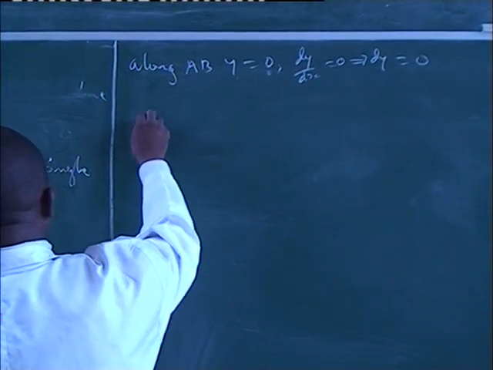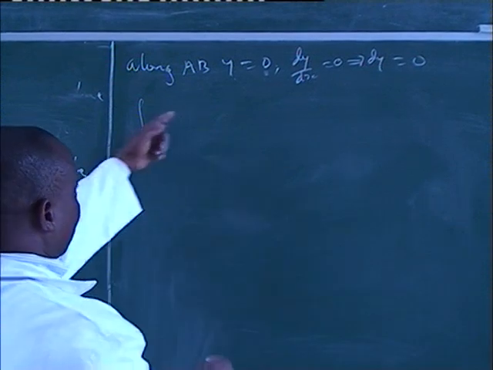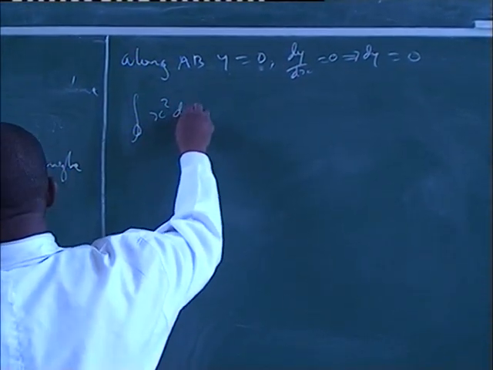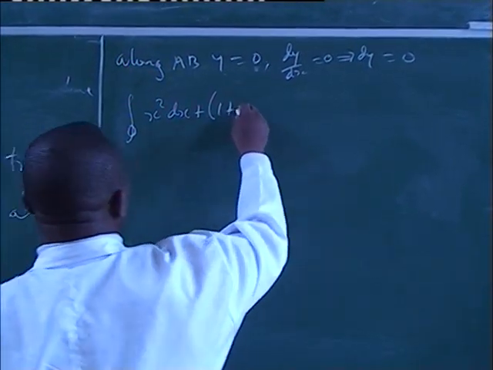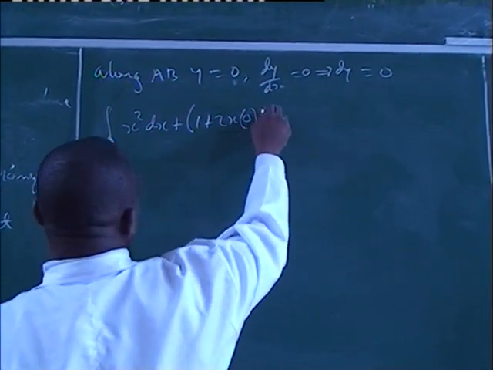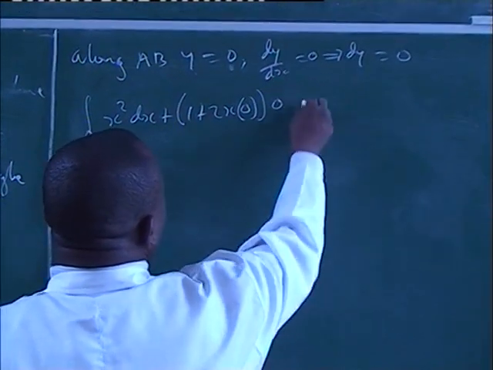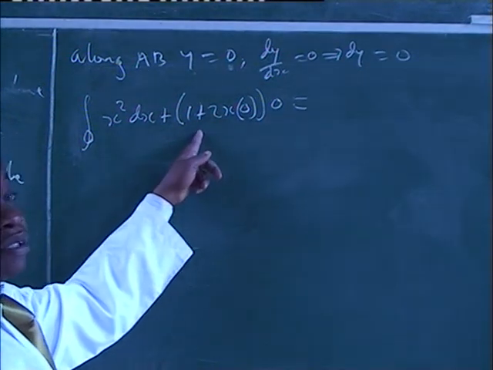So we then have that the integral over the closed curve along AB becomes x squared dx plus 1 plus 2x times 0, because y is 0, dy is also 0. And if you do that, provided this is 0, when you multiply, everything becomes 0.